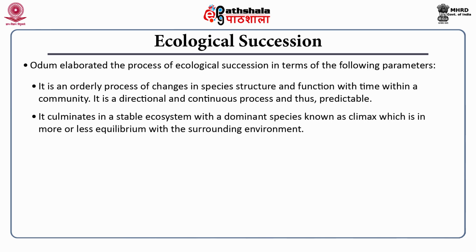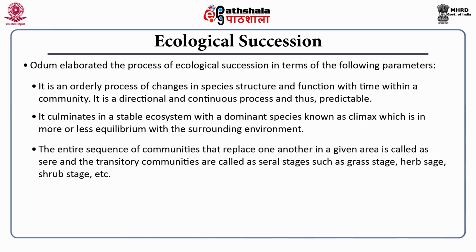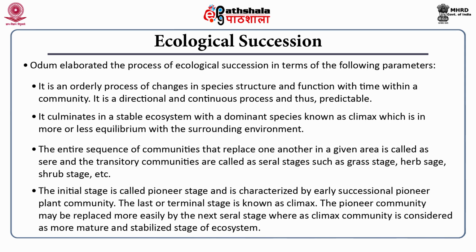The entire sequence of communities that replace one another in a given area is called a sere, and the transitory communities are called seral stages, such as grass stage, herb stage, shrub stage, etc. The initial stage is called the pioneer stage and is characterized by an early succession pioneer plant community.